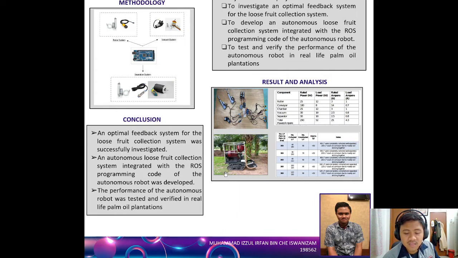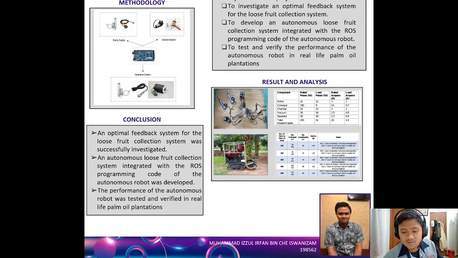And next, once this has been successfully analyzed, we can then implement this to the real-life autonomous robot loose fruit collector system. So here we have the autonomous robot itself at the Sandabi oil palm plantation. And thus we proceed to test it out in the table to the right here, where we test the number of loose fruits in the system between two trees.